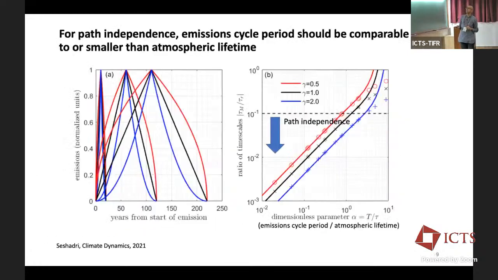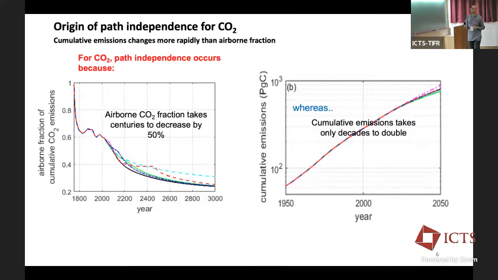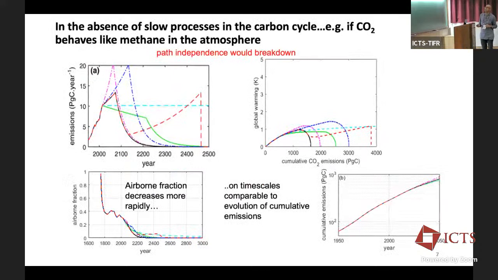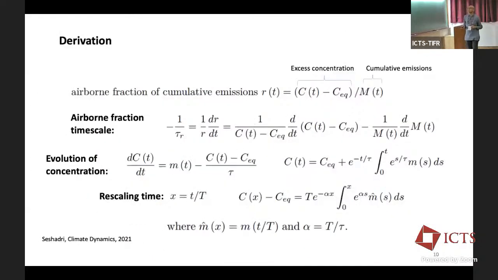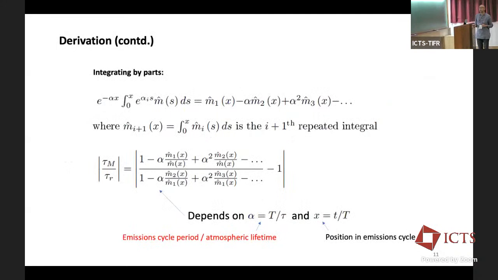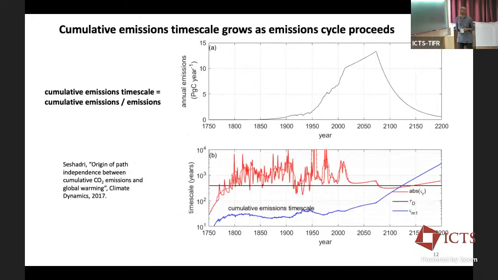So it tells us that in the beginning of any emission cycle, you're going to have approximate path independence. As you also see for methane, question is, do you have it at the end? In the peak and decline phase where X is between 1/2 and 1. And the answer is that requires alpha to be smaller, roughly smaller than 1.